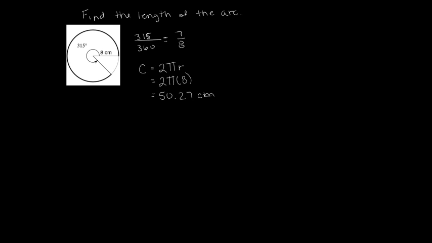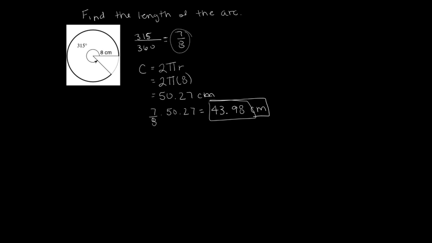I just want to know the length of 7/8 of it. So I multiply 7/8 times my 50.27, and when I do that, I end up with 43.98 centimeters as the length of that darkened arc.